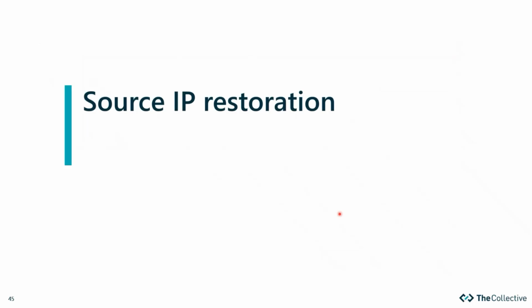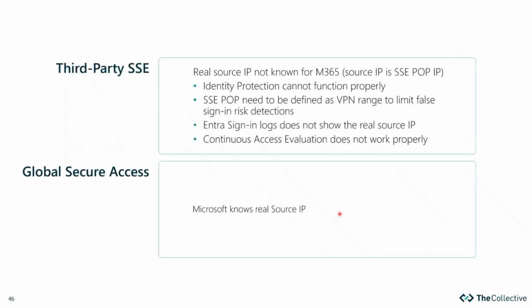Another feature is source IP restoration. Source IP restoration makes sure that Microsoft always knows the real IP address a user is connecting from. So if you're now using a third-party SSE solution to access Microsoft resources, then the problem is that Microsoft only sees the public IP address of the POP of that SSE solution. And a lot of customers don't know this, but this breaks a couple of things in Microsoft.